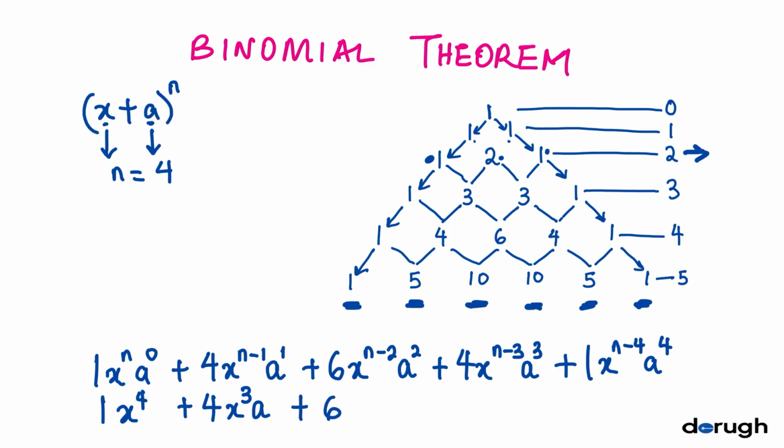Then 6 x power 4 minus 2, which is 2, and then a power 2. 4 x power 4 minus 3, which is 1, so we can just write x, and then a power 3. And lastly, 1 x power 4 minus 4, which is x power 0, is 1, so we don't need to write the x there, and then a power 4.